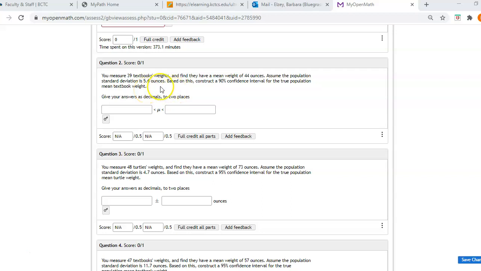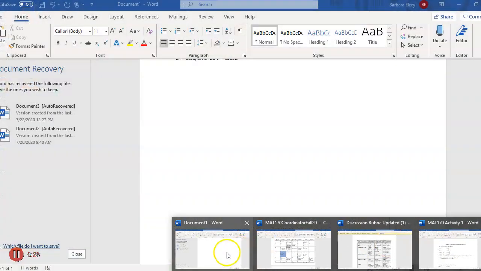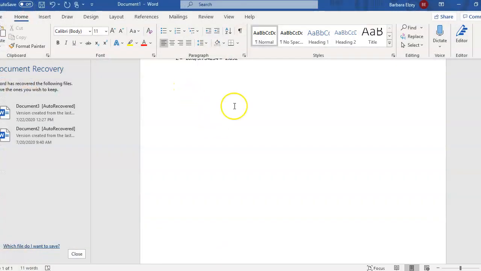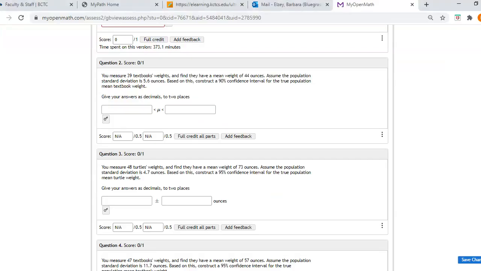All right, so let's write down everything that we have. We have 39 textbook weights, so N is 39, and I'll just take this over to a sheet here. N is 39, and it always capitalizes things in Word, but all right. And then our mean weight is 44 ounces.